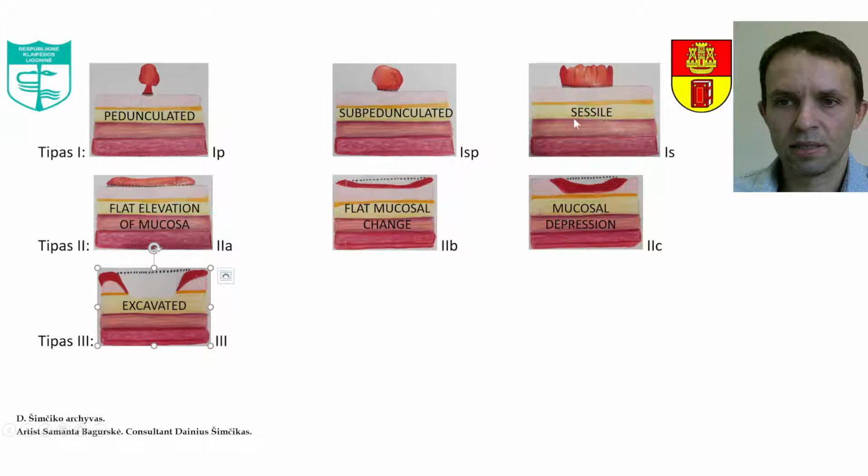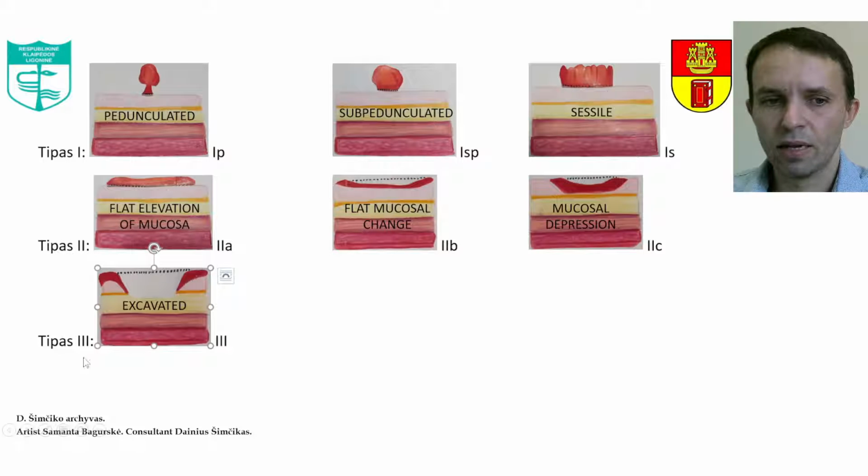1S means sessile. In this case, the lesion has the broadest surface at the base with healthy mucosa compared to the previously mentioned lesions. The height of the lesion is usually more than the closed biopsy forceps height.